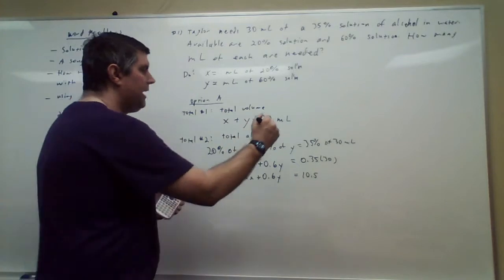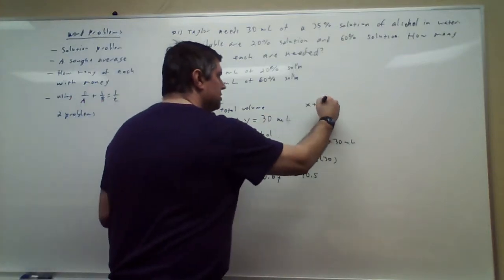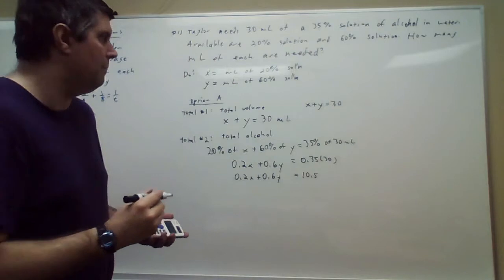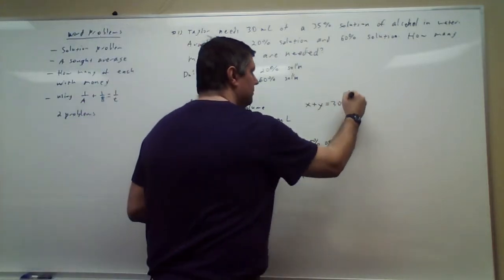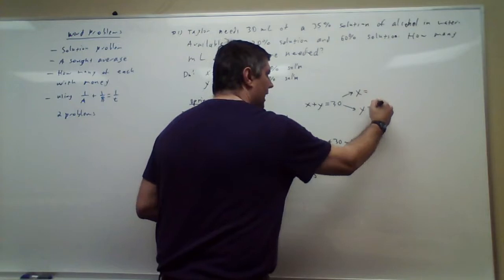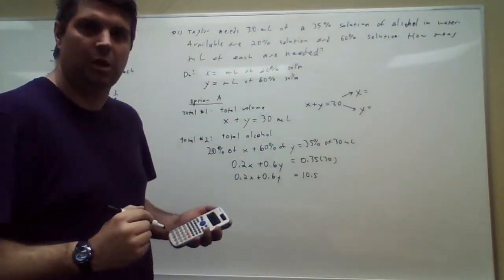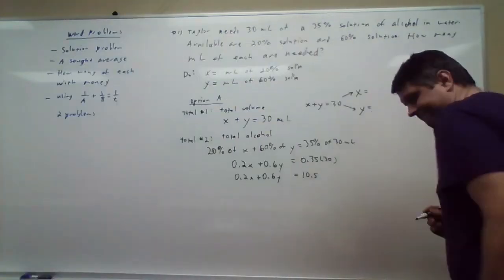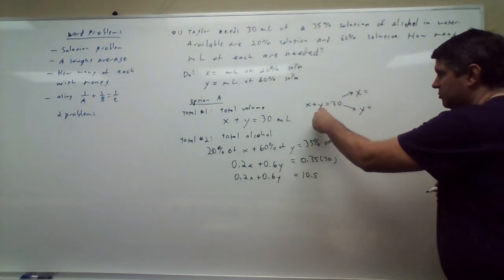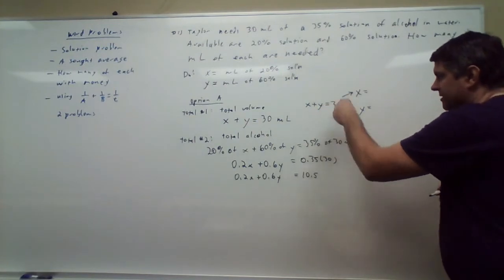Now, what I'm going to do here is I'm going to do X plus Y equals 30, and I'm going to solve this equation for both variables. X equals, Y equals. Okay? If I want X by itself, I would subtract Y from this and from this.